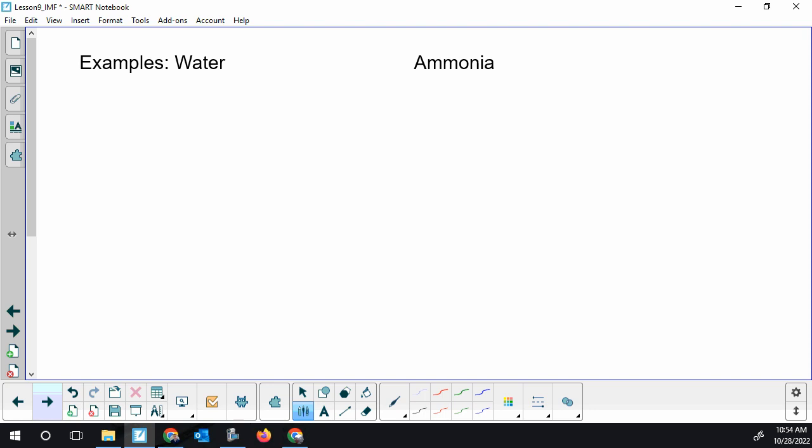I did water already. I'll just throw up ammonia, and then I've got some practice for you. Ammonia is NH3. Fairly similar to the example we saw before. Ammonia is trigonal pyramidal, lone pair, 3 bonds.